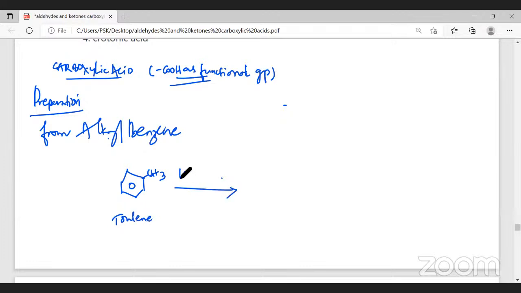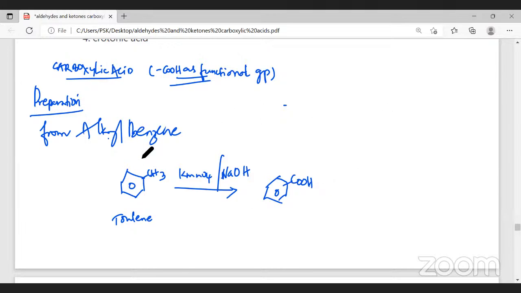When you heat toluene with alkaline potassium permanganate, a strong oxidizing agent, it will be oxidized to benzoic acid. So aromatic carboxylic acid, like benzoic acid, can be prepared by the oxidation of alkyl benzene.